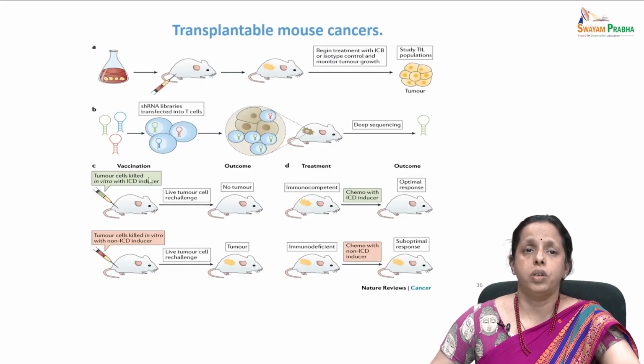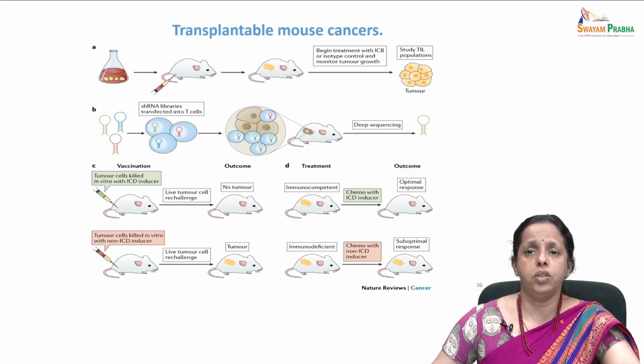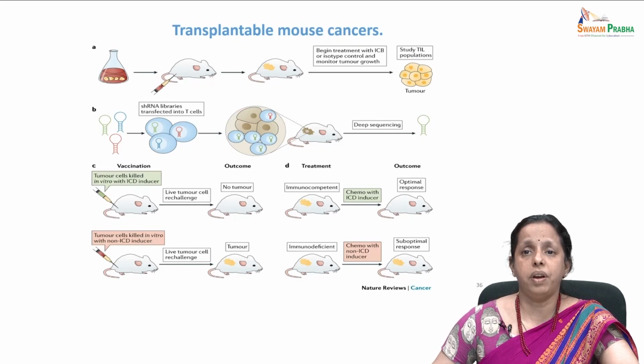In an innovative approach for discovering new immunotherapy targets, T cells are usually infected with transfected shRNA libraries into the tumor bearing mice to identify particular shRNAs that enable T cell accumulation in tumors. This can be done by deep sequencing of the shRNA cassette within purified T cells collected directly from the tumor.